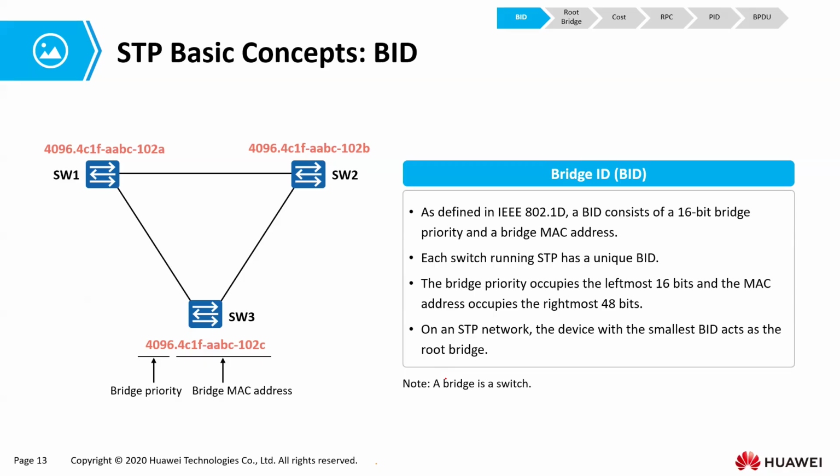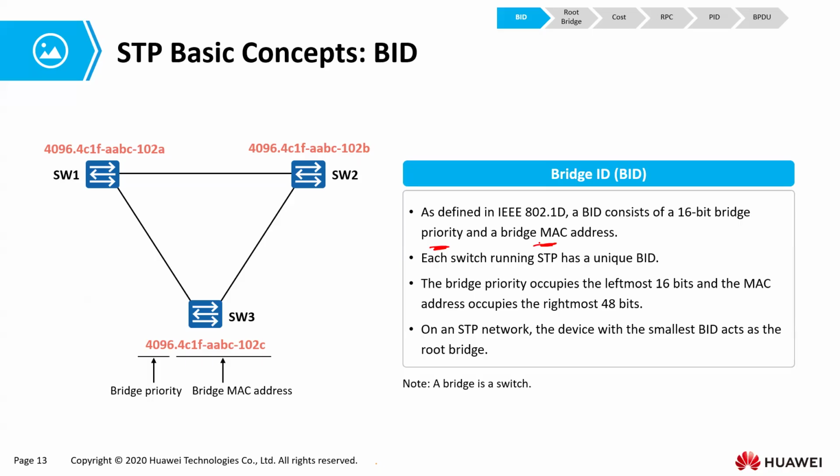So the bridge ID has two things: the bridge priority and the MAC address. Every switch running STP has a unique BID, an identifier of a switch on a network that is running STP.